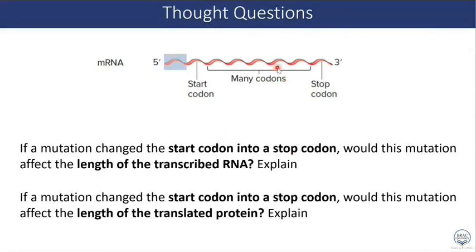That is another mechanism. But here, the mutation has occurred in an abnormal condition, and if the start codon is replaced by a stop codon, there will be no protein synthesis of the gene.